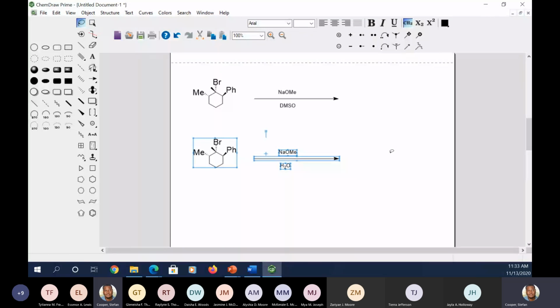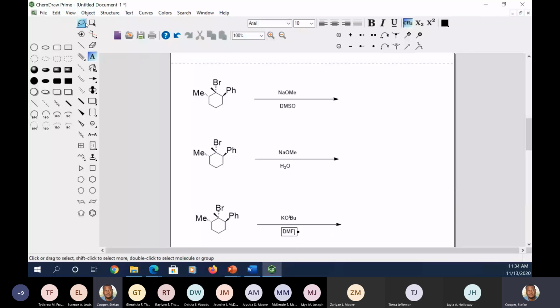And then I'll take the same compound and react it with potassium tert-butoxide. And I'll do this in DMF.